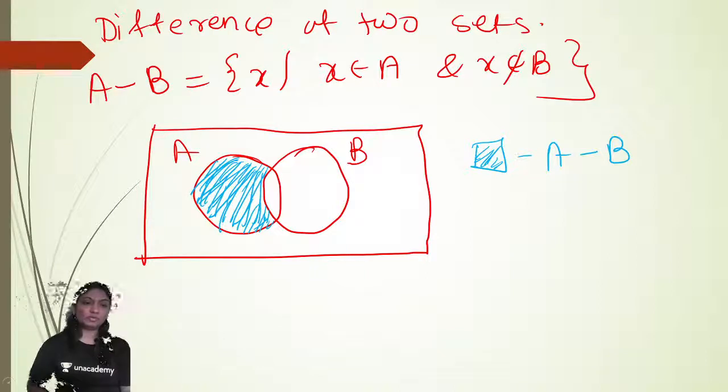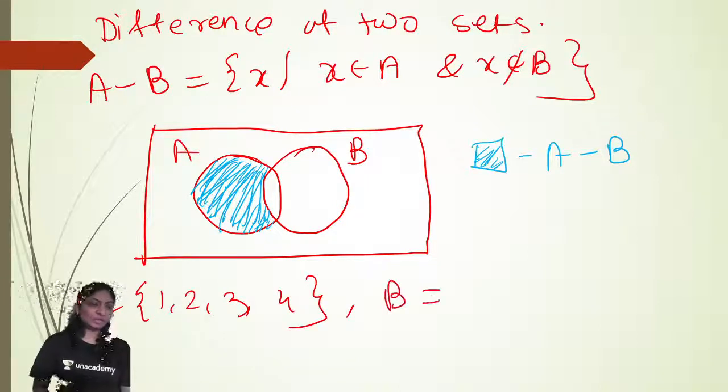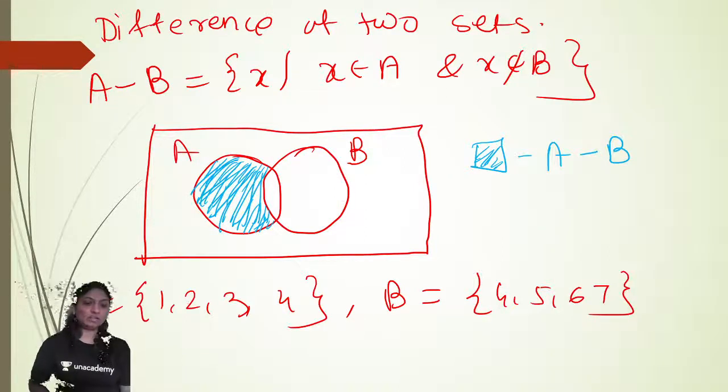Okay. Now suppose we take one example here. A is equal to {1, 2, 3, 4}, and we take B is equal to {4, 5, 6, 7}, right? So A difference B means the elements which are in A but not in B. So which are those elements?